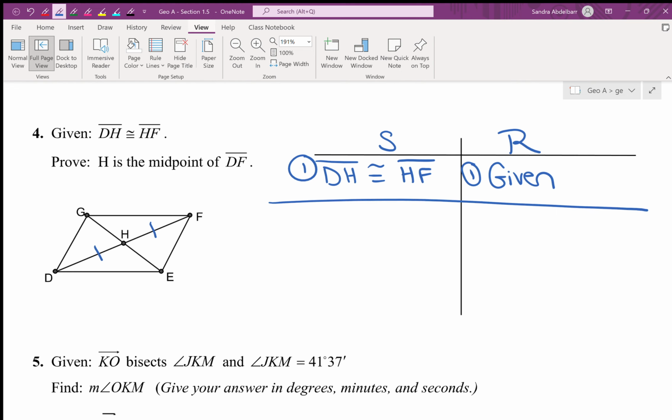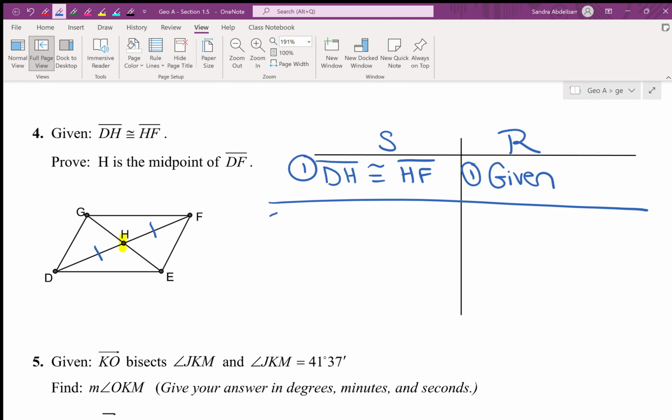We want to prove that H is the midpoint of segment DF. Well, based on our markings, do you think it's safe to say that H has to be the midpoint? Yeah, and we have more than enough information to say it right now.